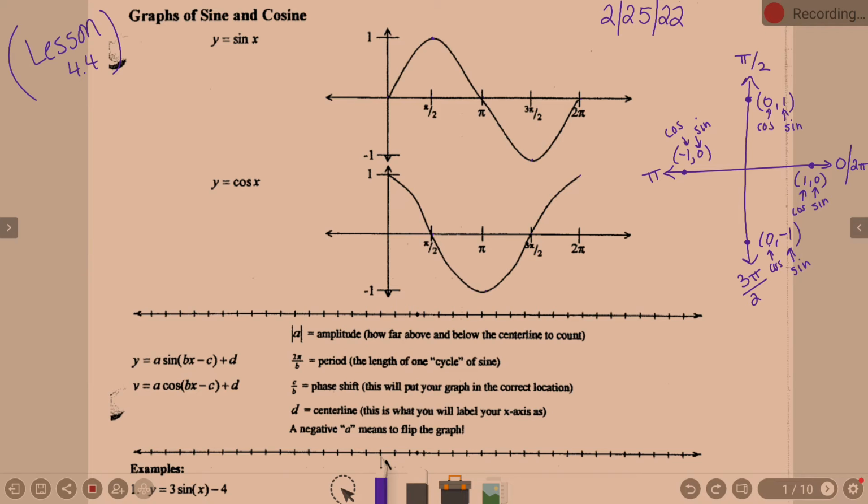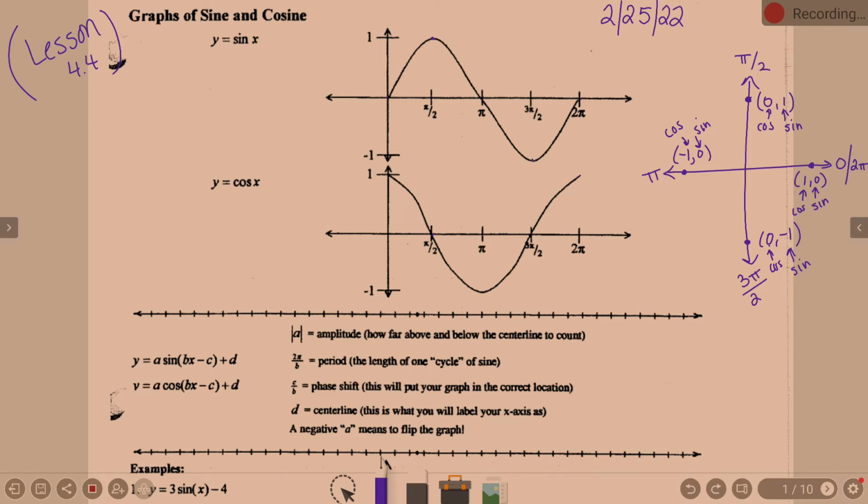So, the absolute value of a. Notice a is the number out in front of sine or cosine. Well, if you're multiplying by something, what does that normally do to a graph? It's going to stretch it or shrink it, yes? And so right here, when we talk about a being the amplitude, it's how far above and below the center line to count.